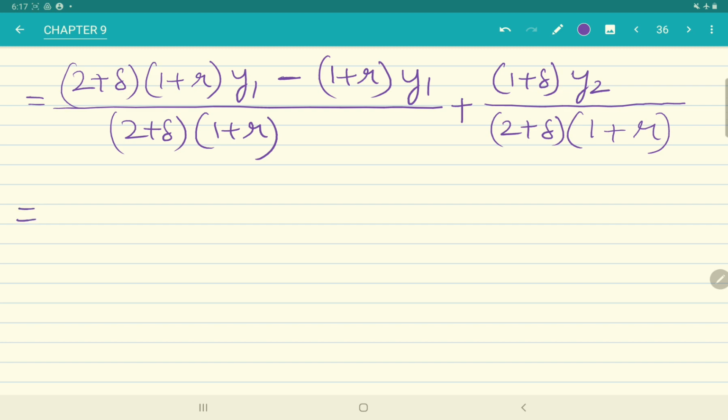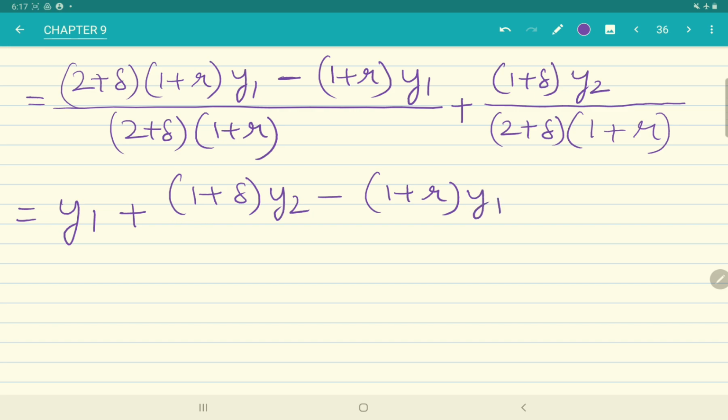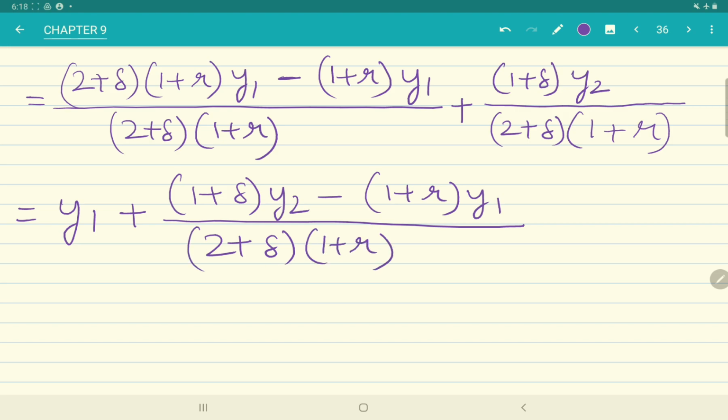And now this can be written as y1 plus ((1 plus delta) y2 minus (1 plus r) y1) divided by (2 plus delta)(1 plus r). So this is also my C1 star. So I can say that C1 star is equal to this also.